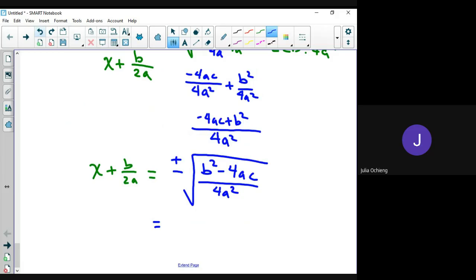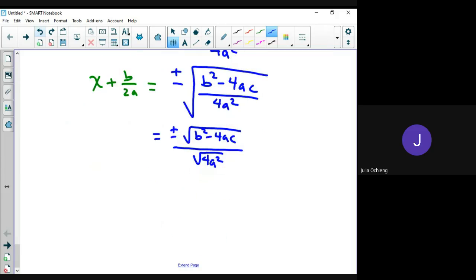So this is going to be plus or minus square root of b squared minus 4ac all over the square root of 4a squared. The top part I can't simplify. I cannot square root b squared, guys, because it's not b squared, it's b squared minus 4ac. There's two terms there. If there's two terms, I cannot square root a term separately.